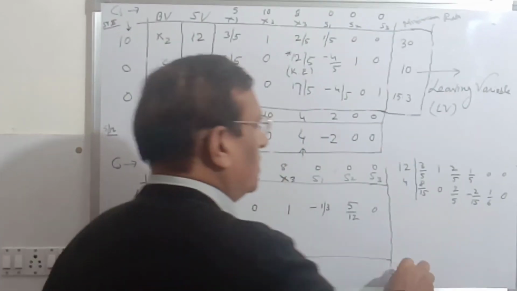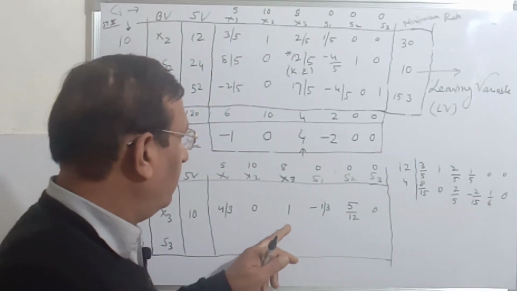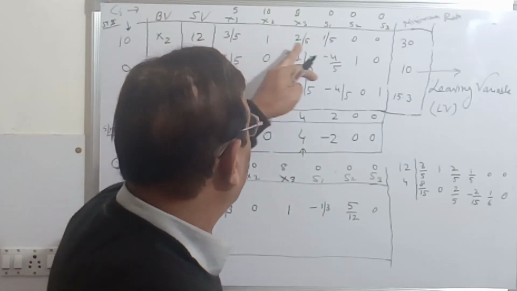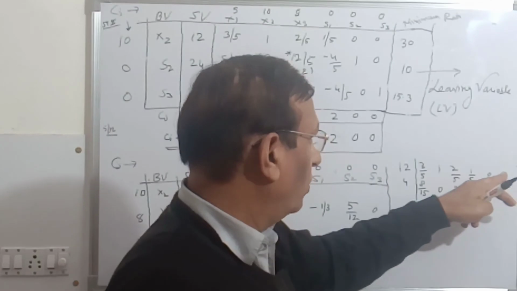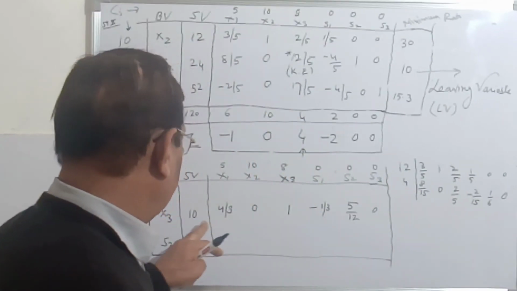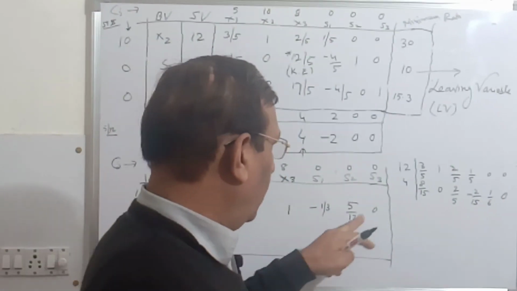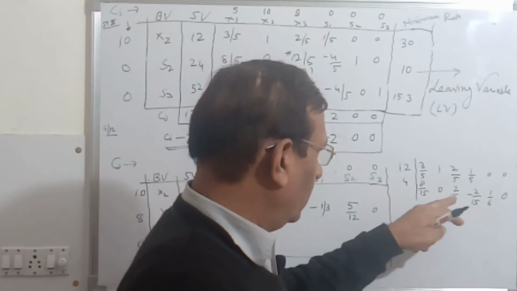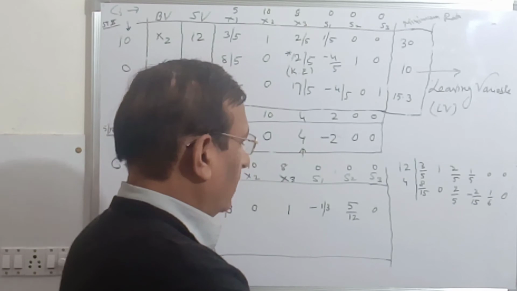What is being done? We want 0 over here. So writing this row as the old row, multiplying the new row with 2 by 5 and writing it down over here and subtracting.